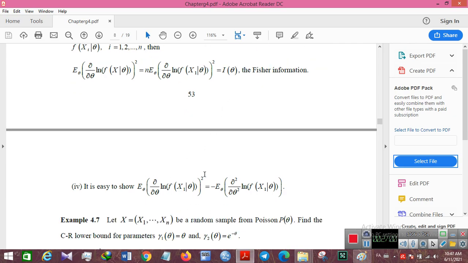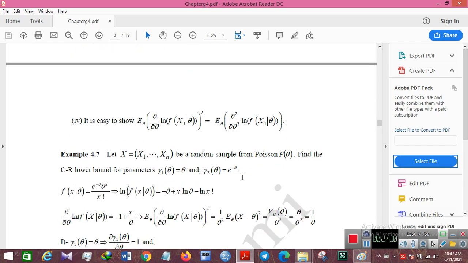Sometimes we can use this equality or equation to show this one is equal to that one. Sometimes calculating this expectation is much easier than that one, and we can use these equations.